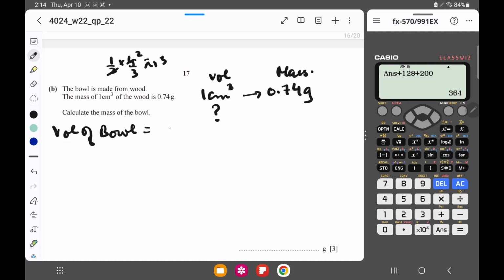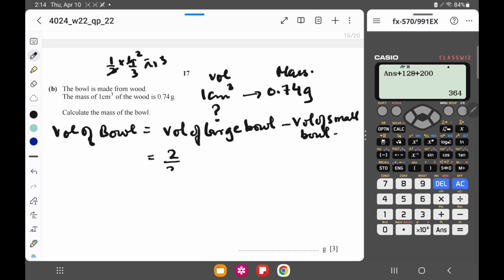So that is the volume of the larger hemisphere minus the volume of the smaller bowl. For the larger bowl, because it's a hemisphere, I'm taking 2/3 pi r cube, where r is 10, minus the volume of the smaller bowl, where the radius is 8, so 2/3 pi into 8 cube.